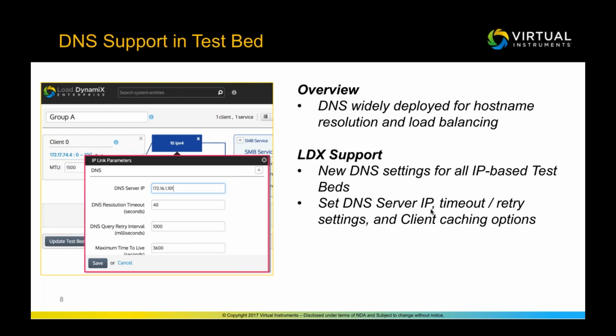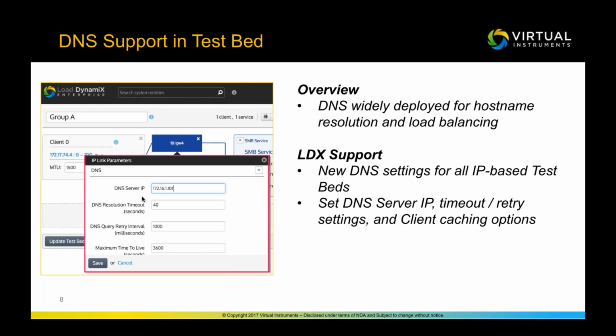So now with LDX-E 5.4, when we create a testbed, you have the ability to enter the destination address in the form of a host name. Then when we click on the testbed link, you'll find a new DNS section in which you can specify the DNS server IP address. This will be the server that we will query for the host name at the beginning of a workload test.